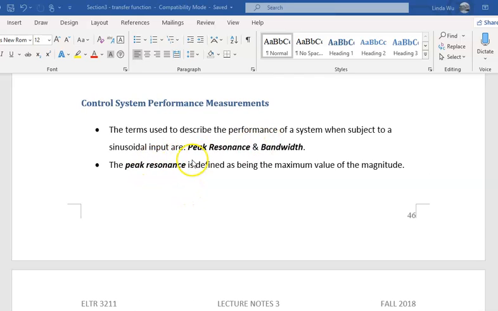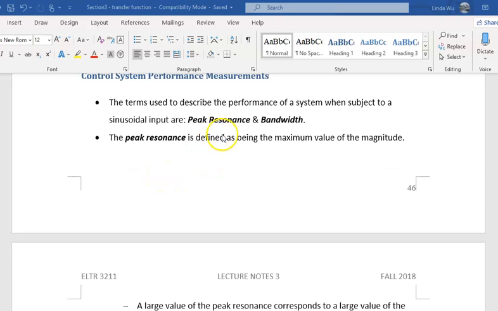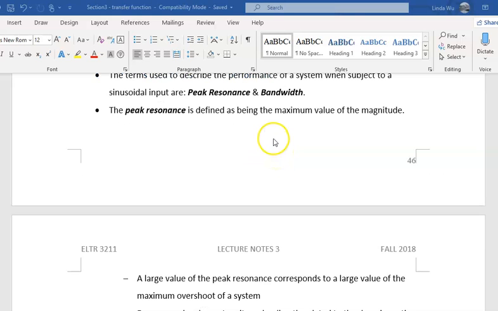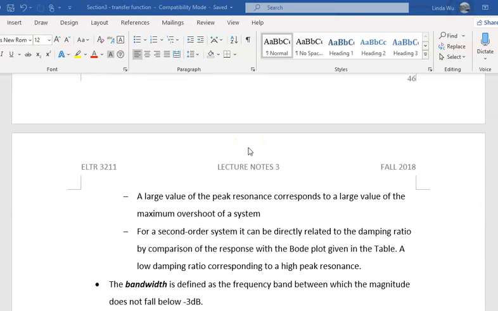So basically, for measurement, there are some concepts used. The peak resonance and the bandwidth: peak resonance is the maximum offset, or the peak offset of the oscillation, the maximum value in the system.